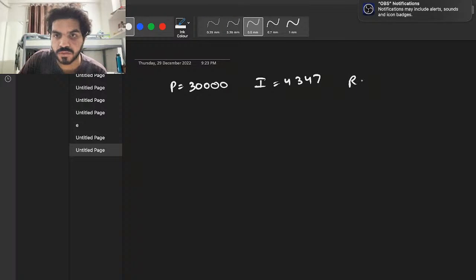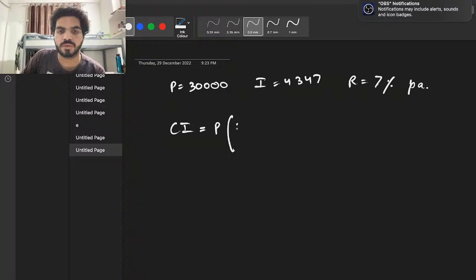The rate is also given, 7% compounded annually. So the formula for CI is P into 1 plus R upon 100 to the power n. If someone wants to know the derivation, I'll tell. Put it in the comments.